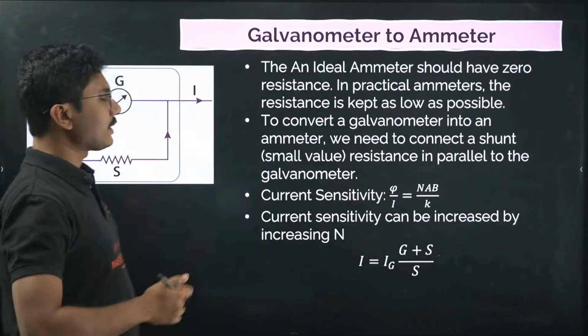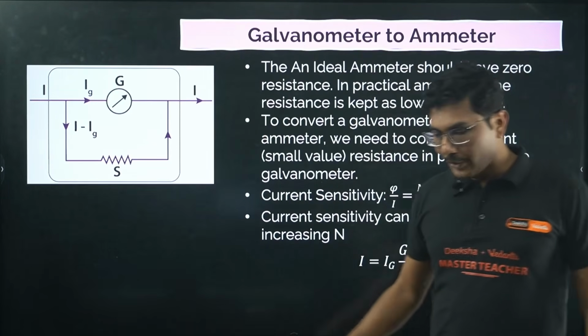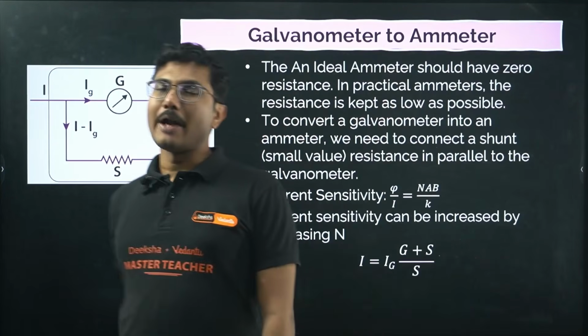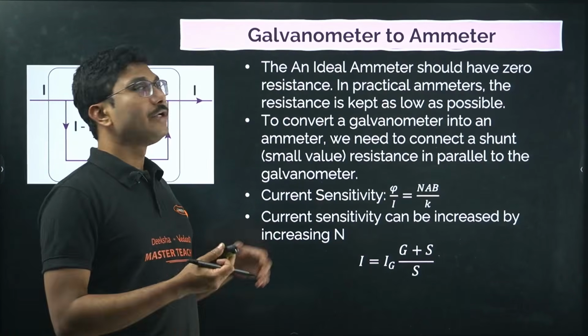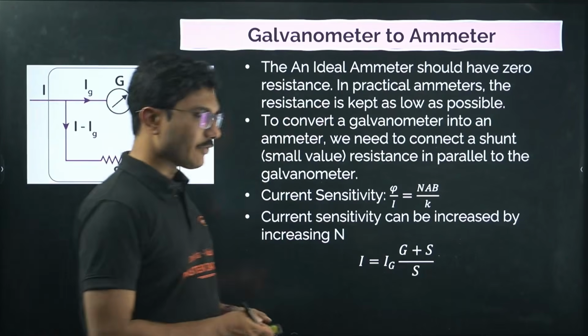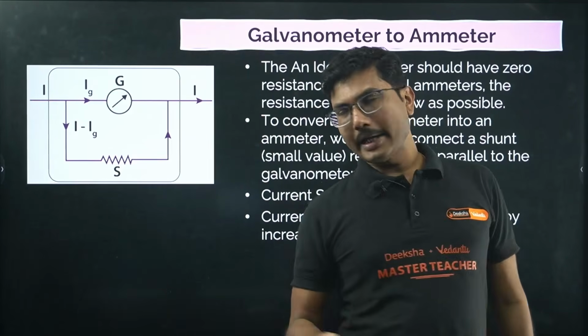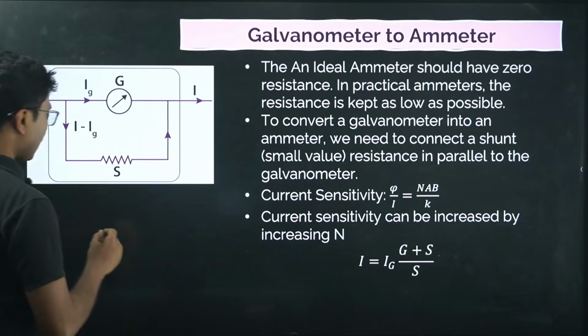Now the galvanometer's application does not end with whether current is flowing or not. We have to move a little bit higher, and we have to be able to measure the current exactly. That's why we need to convert the galvanometer to an ammeter. An ammeter is a device which measures current, right? And to measure current, where do you connect it?